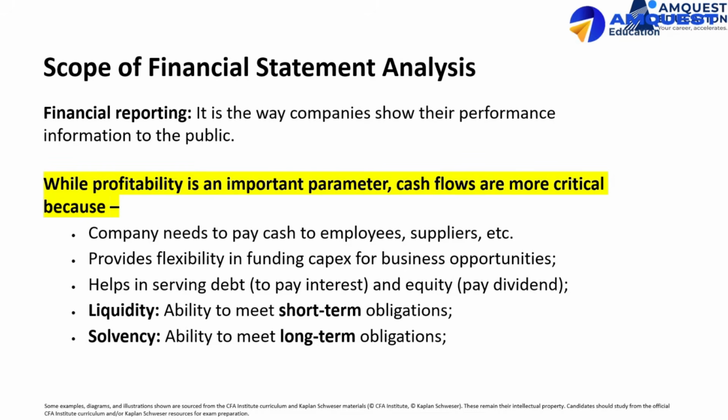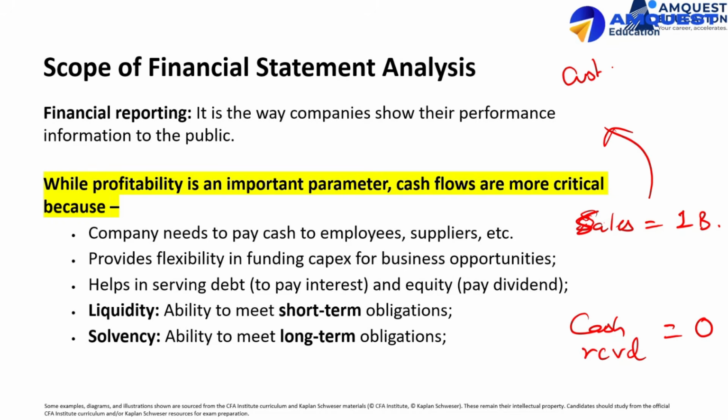You did sales worth $1 billion, but cash received is zero, which means the customer took all this on credit, right? So the customer did not pay even 1 rupee for the transaction. Customer said, I'm going to pay after 30 days. So till 30 days, your cash is zero.